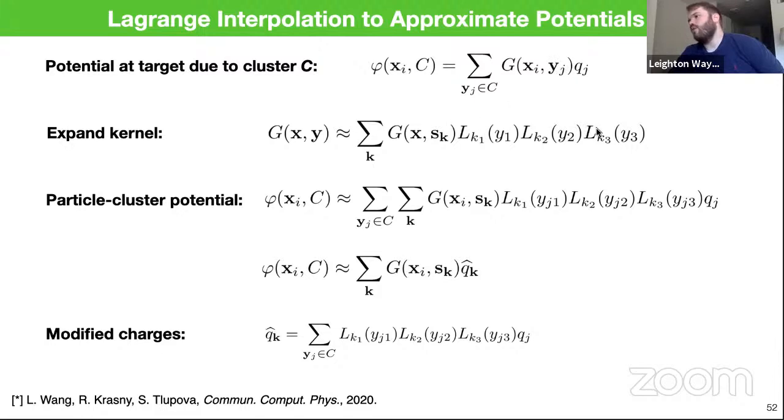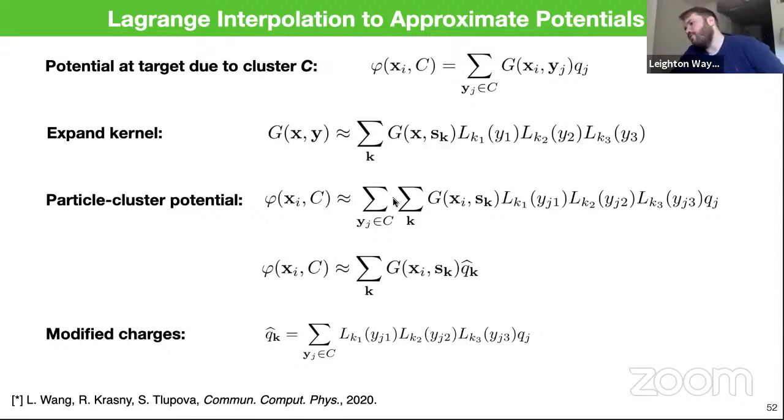So then we end up with the following expansion in terms of our Lagrange polynomials. Importantly, what you notice, yet again, is that we can get a separable form here. These are our functions of x, the target position, and these are our functions of the source position, y. And again, these are multiplicative, right? So these are separable. So we have a sum of separable functions.